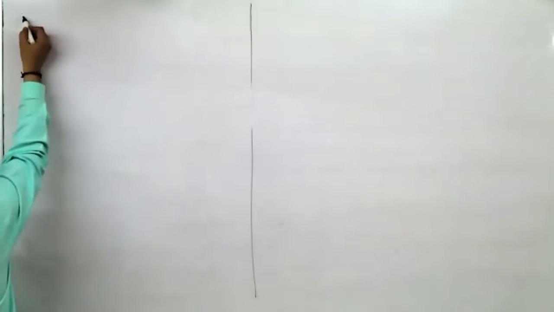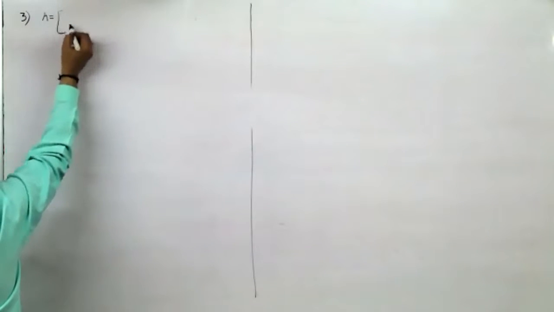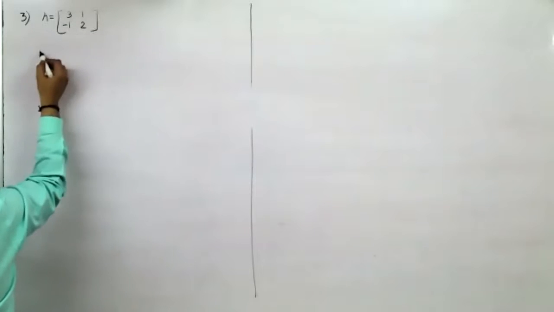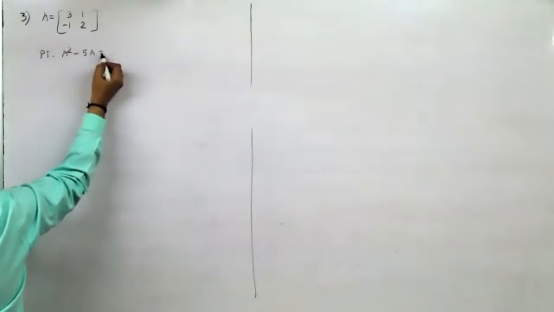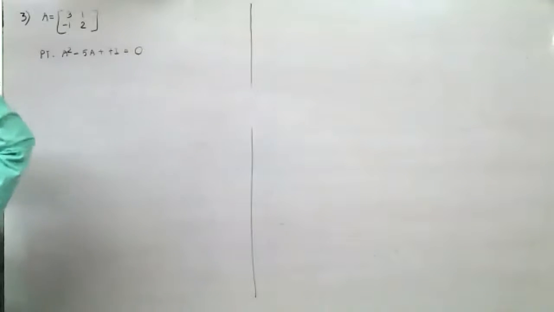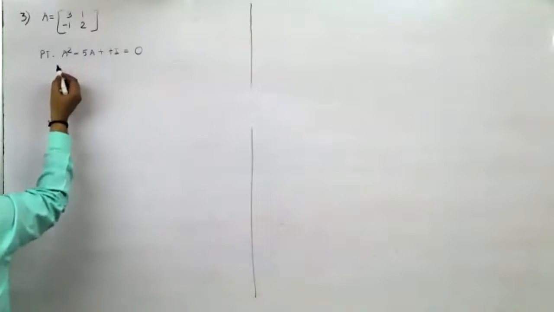Third part. A is 3 minus 1, 1, 2. Prove that A square minus 5A plus 7I is equal to O matrix. That is, O matrix means all the elements would be 0.